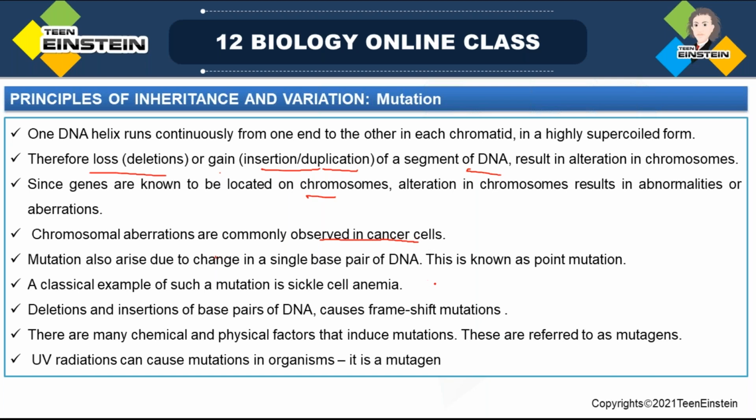Mostly the chromosomal aberrations are commonly observed in cancer cells. Mutation also arises due to a change in a single base pair of DNA. Sometimes only a single base pair of DNA is changed, and that is called point mutation.